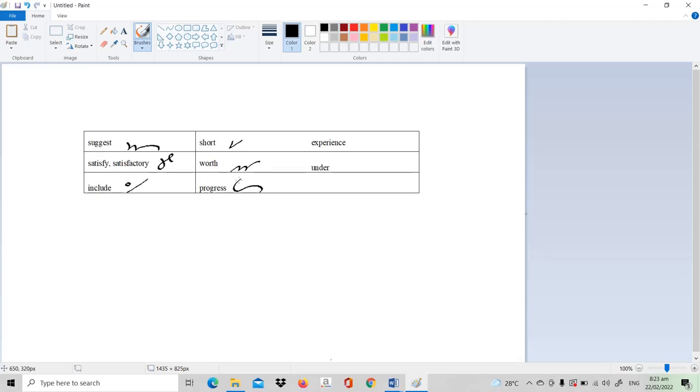So, for experience, we have E-X-P. Let me check. Para nang sa ganun, sigurado tayo. Mahirap nang magkamali. Wait lang. So, ESP is for, I'm sorry, it's ESP. ESP for experience. Next, under, we have the under or the downward hook na nasa taas.